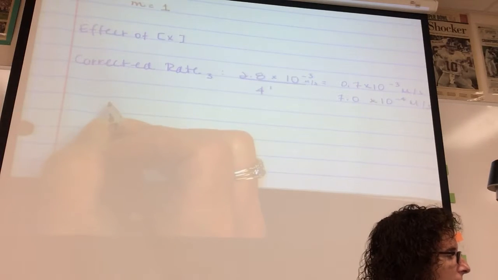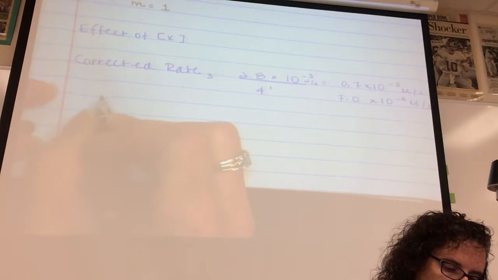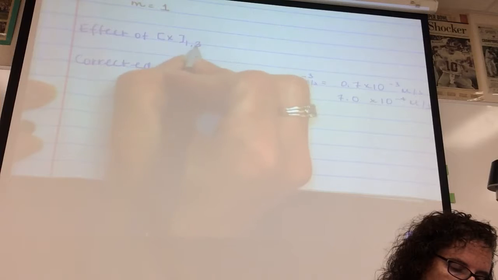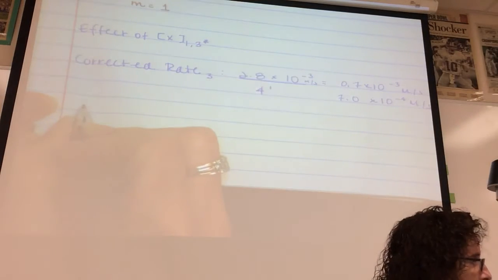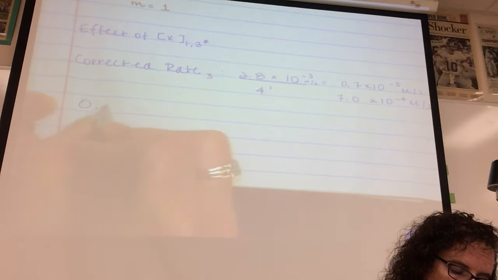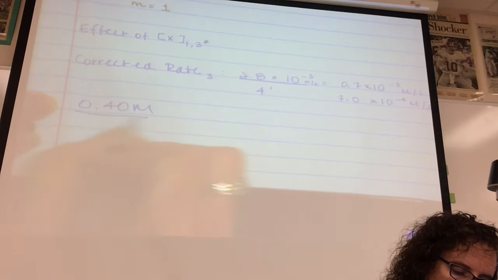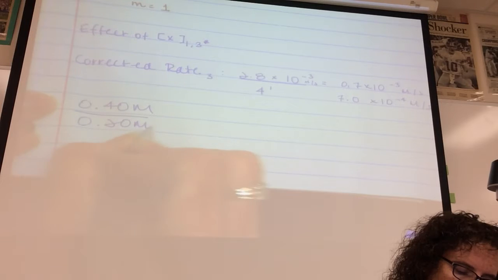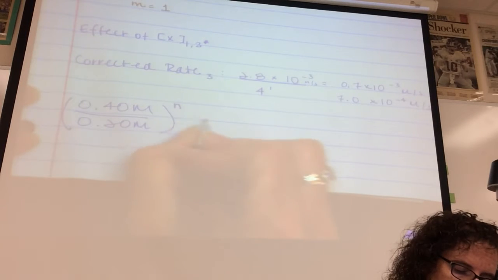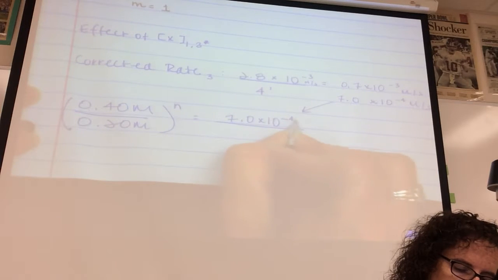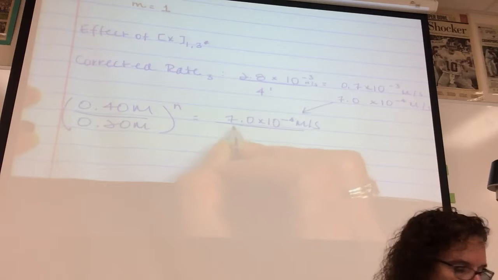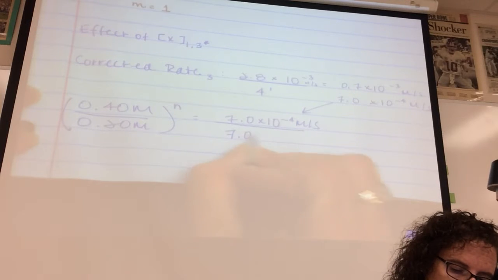I have x in experiments 1 and 3, so we're going to look at 1 and 3. Now it's 3 star because it's going to be corrected in regard to the rate. So I have 0.40 molar over 0.20 molar to the n, and that's equal to the corrected rate 3 over the first experiment's rate.